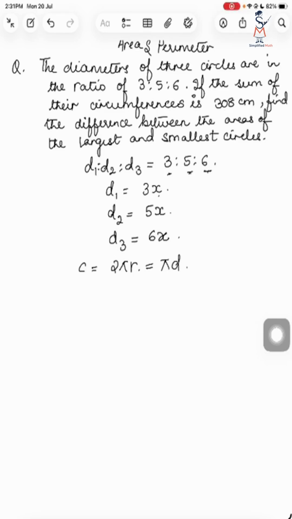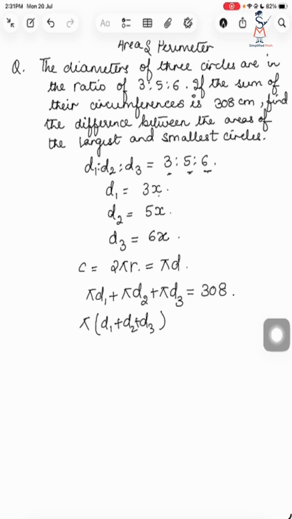So the sum of the circumferences, that is pi d1 plus pi d2 plus pi d3, is 308. We will use this to get the value of x. We can take pi as common: pi times (d1 plus d2 plus d3) is equal to 308.